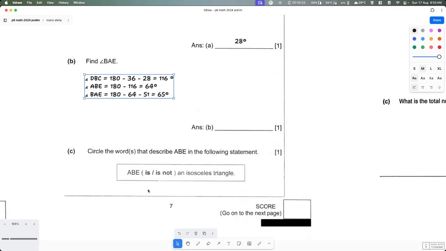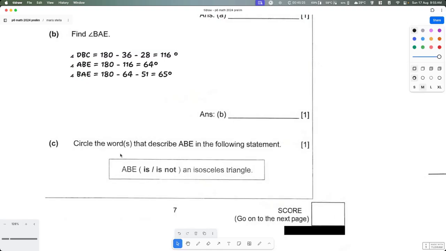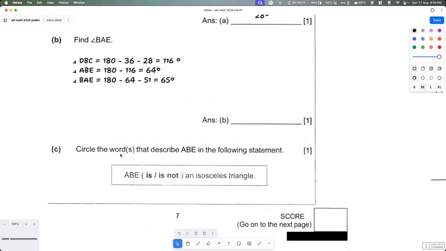So part C, circle the words that describe ABE. ABE is not an isosceles triangle. So I'm going to circle this. The reason is angle ABE, which is 64 degrees, is not equal to angle BAE, which is 65 degrees.